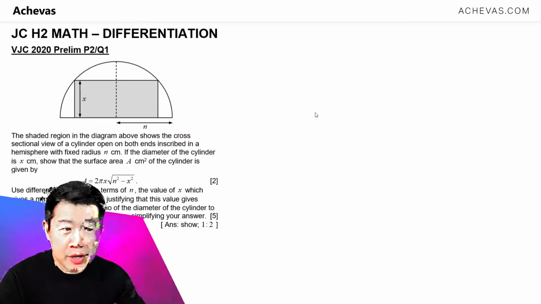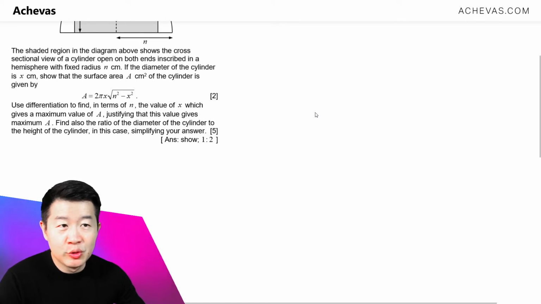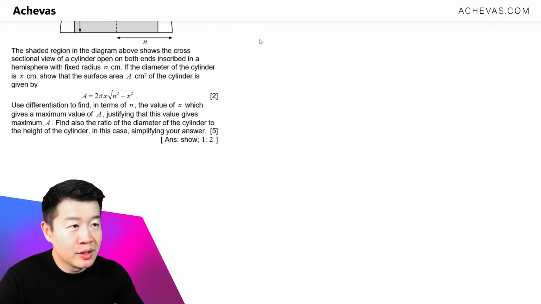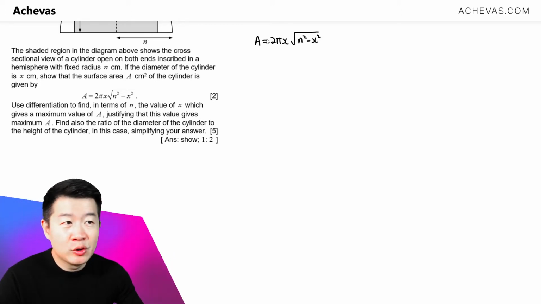Now in the second part of the question, what we are supposed to do is to make use of differentiation to find the value of x such that the surface area is going to be the maximum. So the surface area A is equal to 2 pi x square root of n squared minus x squared. If I were to make use of differentiation, we need an expression for dA/dx.